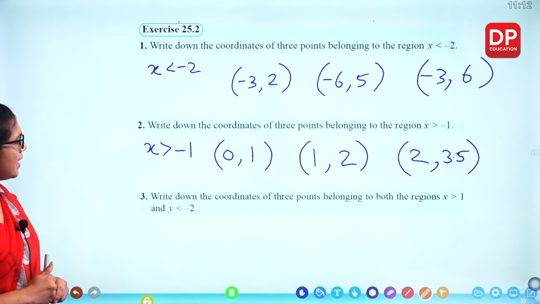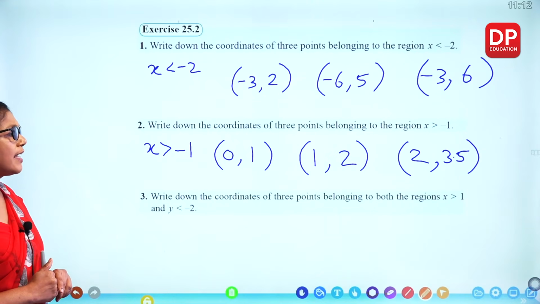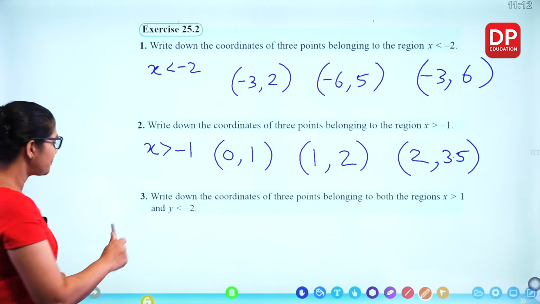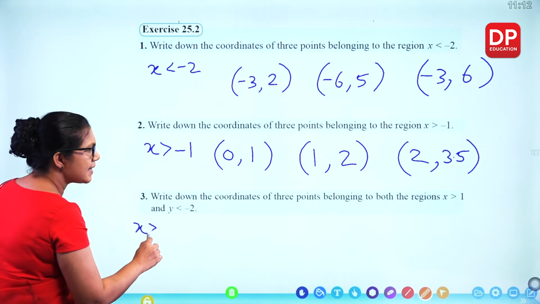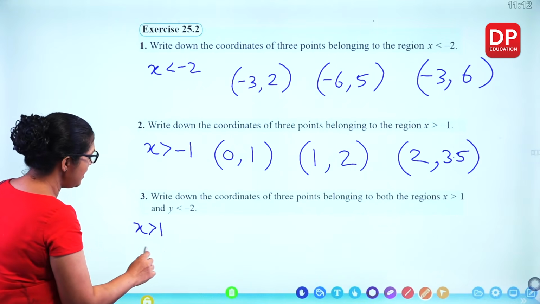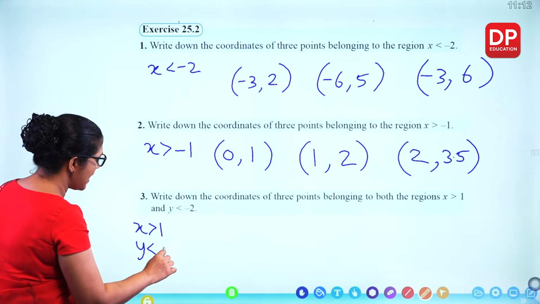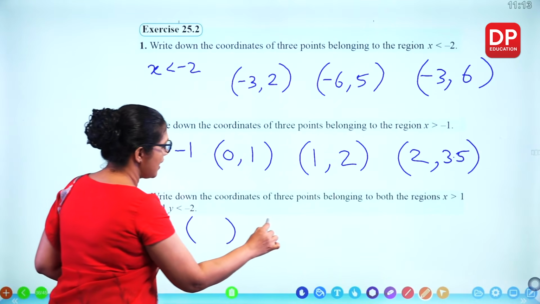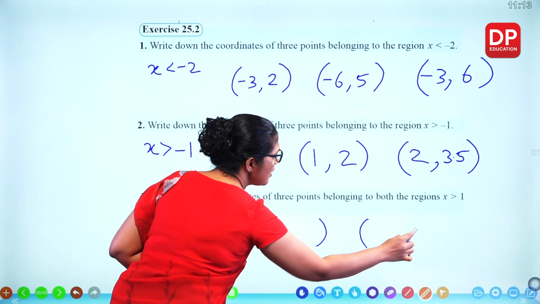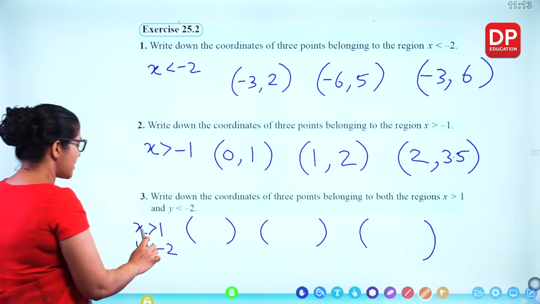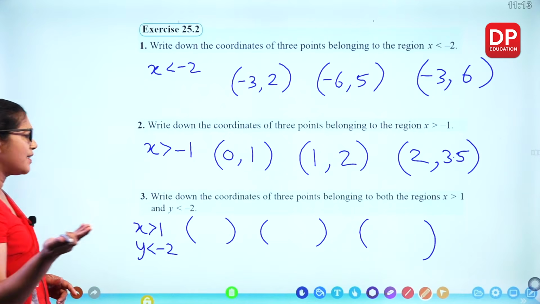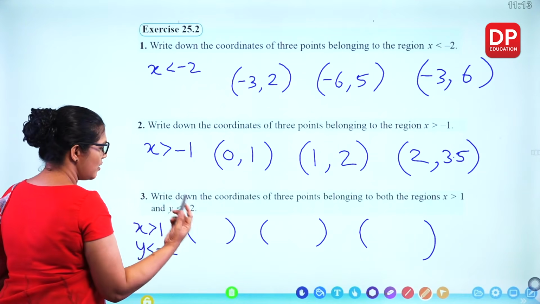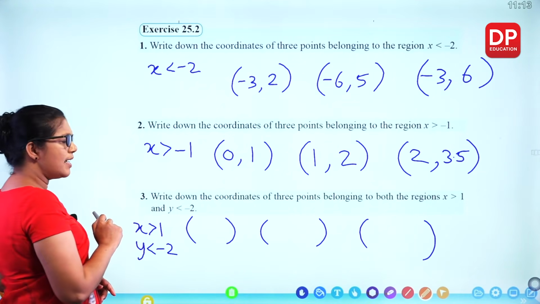Question number 3, write down the coordinates of 3 points belonging to both the region x greater than 1 as well as y less than minus 2. So here again they want 3 coordinates. X greater than 1. What are the numbers x greater than 1? You can't write 1 because that's not included.